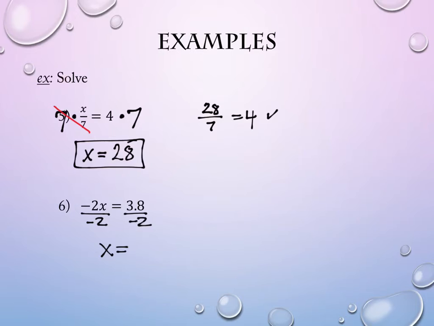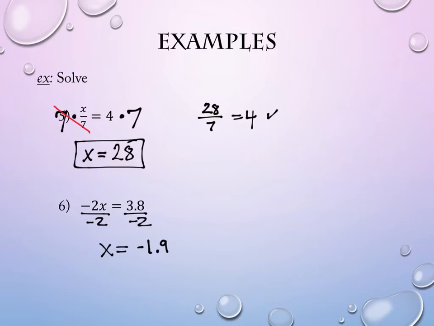What would 38 divided by 2 be? 1.8. Close. 1.9. You're really close. Yeah, it's 1.9. And I'm missing something. It's negative. So dividing a positive by a negative, I get -1.9. And if it were messier or bigger, where doing it in your head becomes unreasonable, you can always check your calculator to do so.